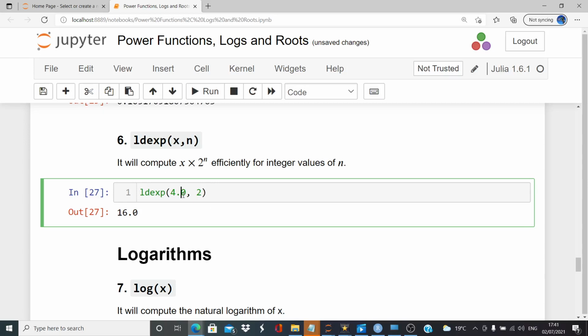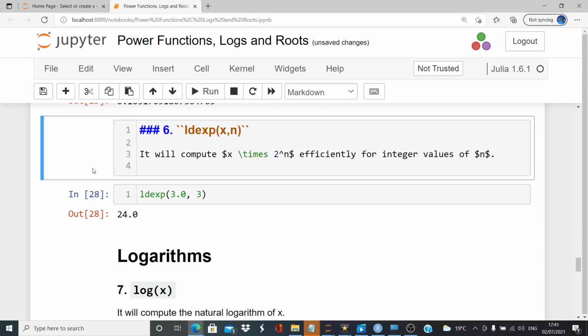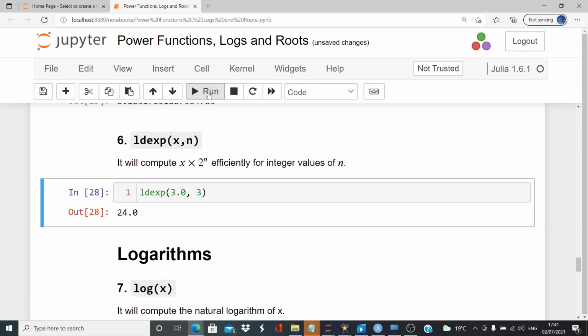Let's try it out for a different one. 3 times 2 to the power of 3, 24. Again, it seems very arcane to use a function like this, but every so often there will be use cases where it is perfect for the situation and you might use it a lot.